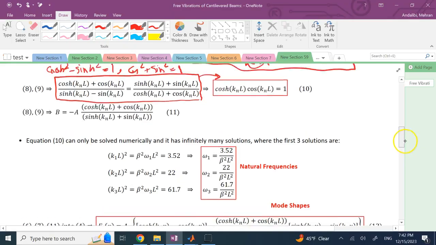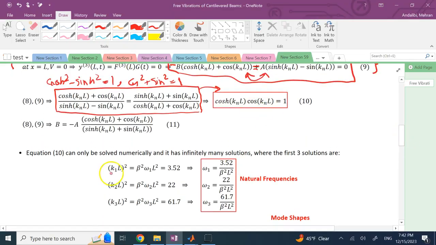So if you solve, you can find that K1 times L squared, which is also equal to beta squared omega 1 L squared, equals, one of the roots is 3.52, the other one is 22, the next one is 61.7, and there are more and more solutions.